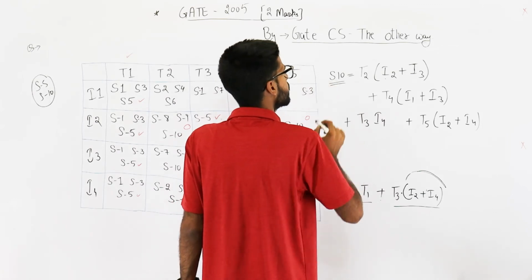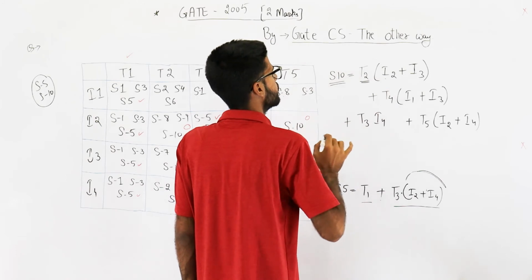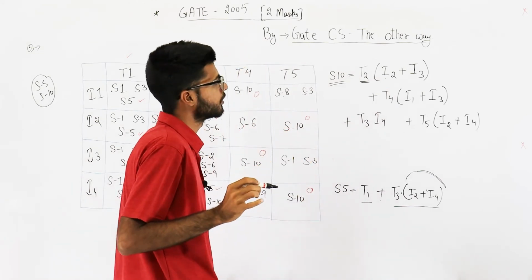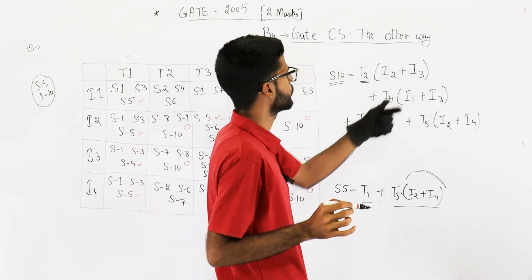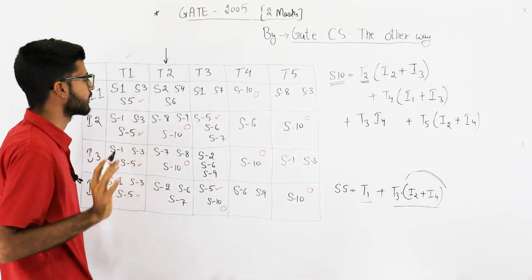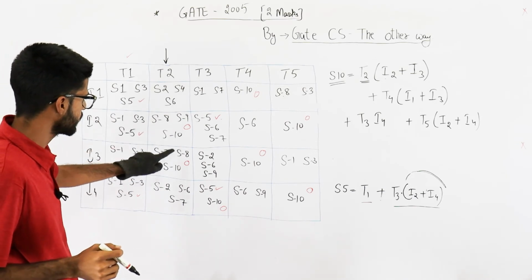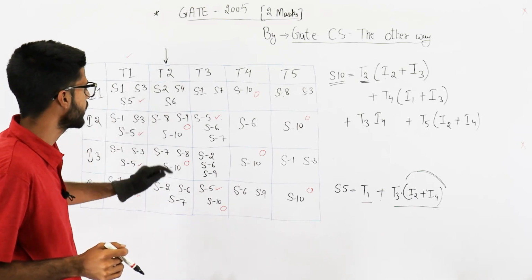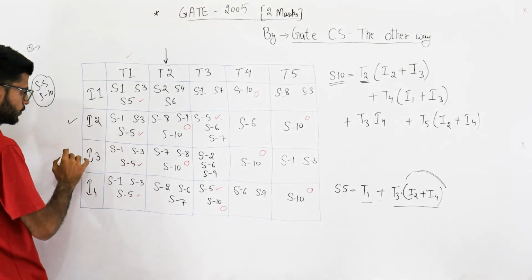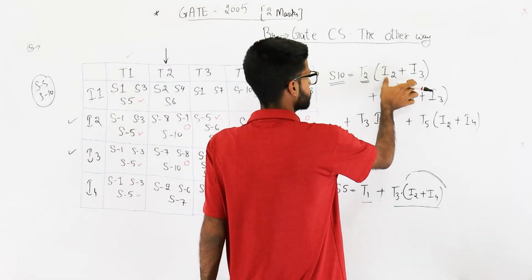Let me now explain what's happening. The signal named S10 is required in the second clock cycle for these two instructions. That means whenever we are in the second clock cycle, these are the two places where we require S10, that means I2 and I3. So that's what we have written here.